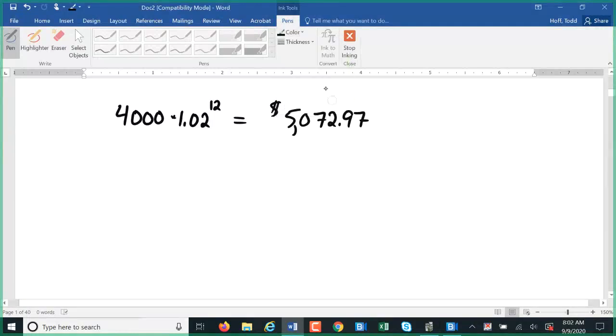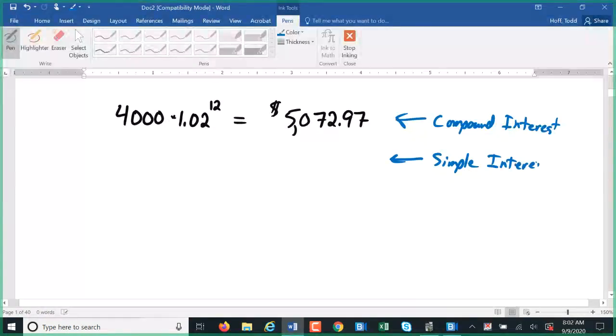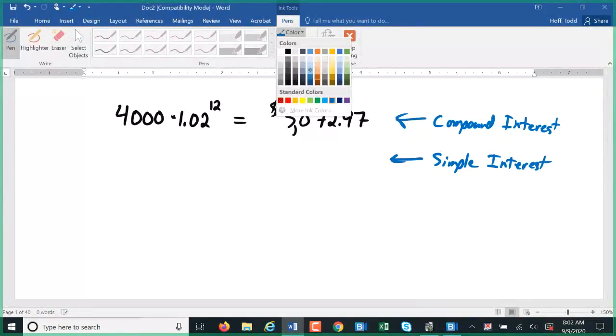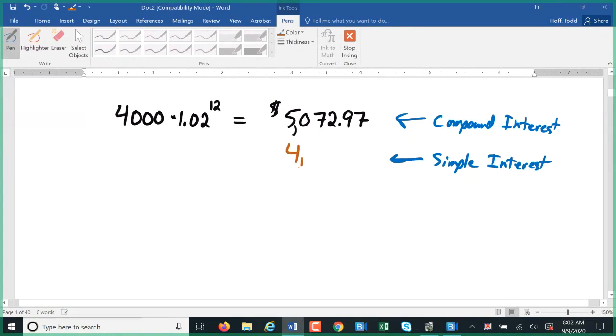Now compare that, that's the compound interest, compare that to the simple interest balance that we had at the end of the 3 years, which was $4,960.